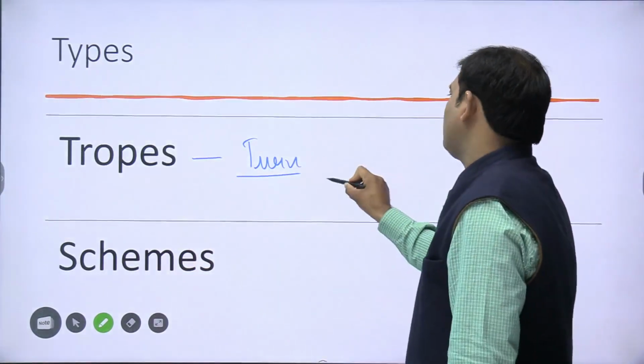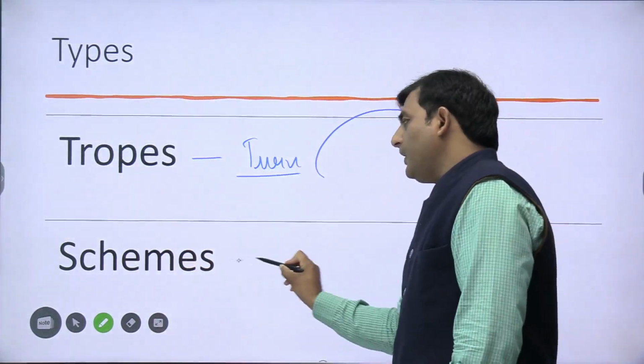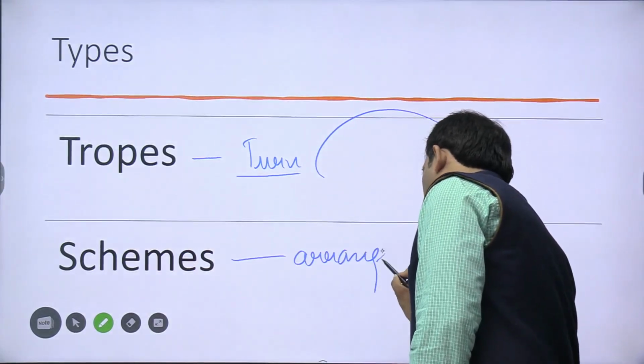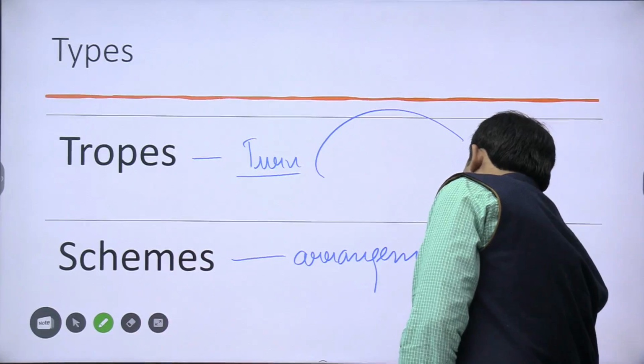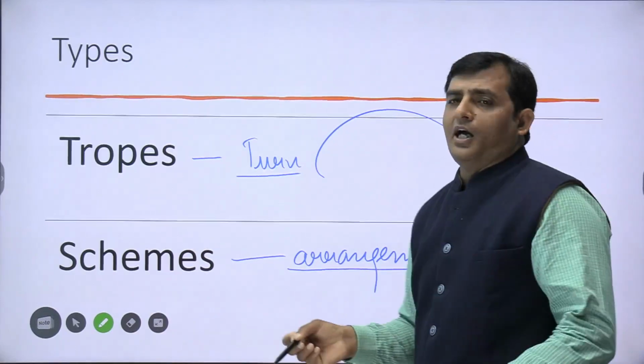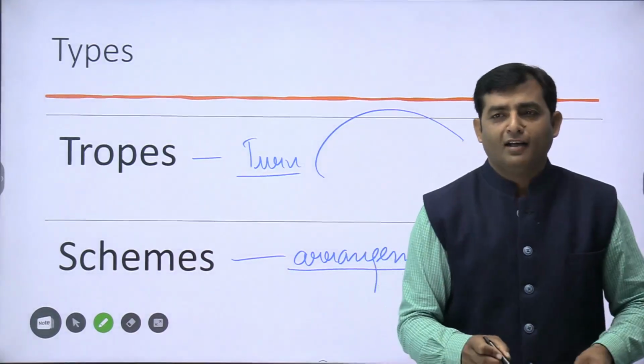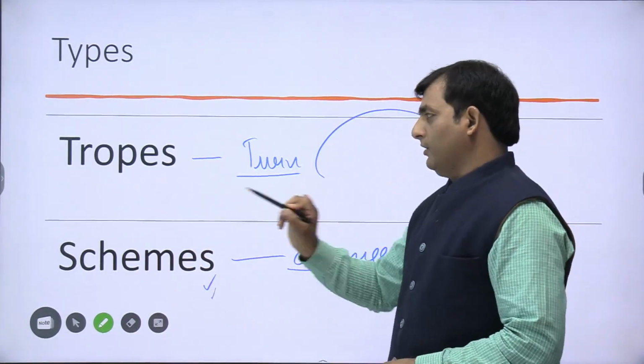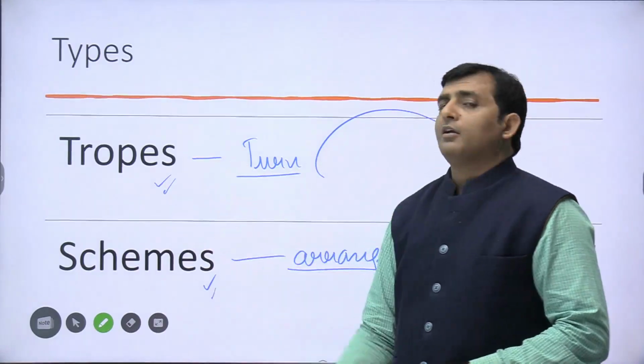Trope means turn. And scheme means arrangement. Arrangement of words.